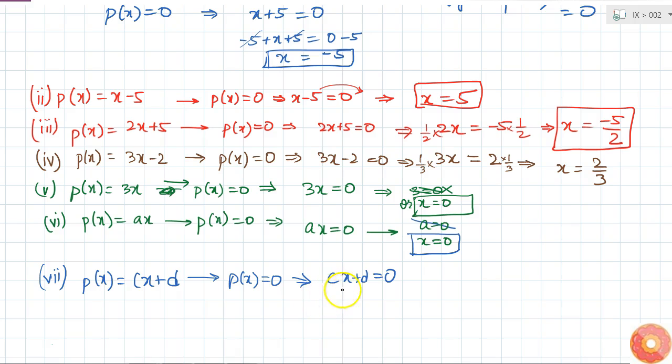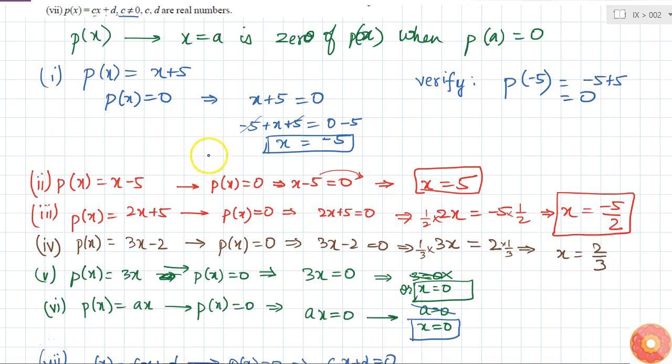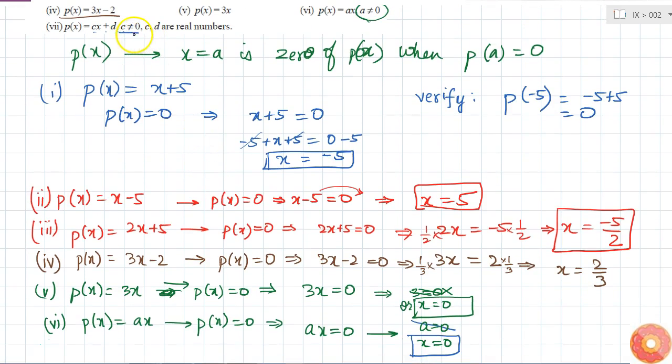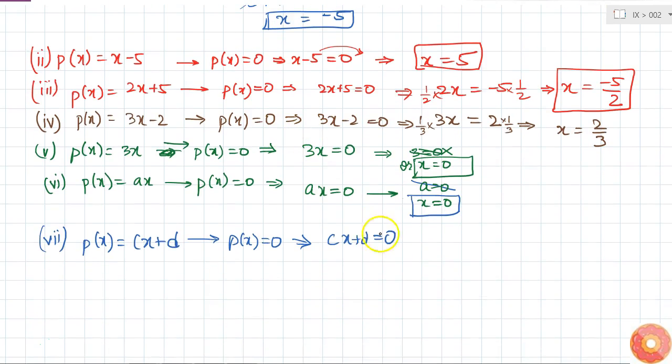Since d is a real number, I can subtract d from both sides. So cx plus d minus d is equal to 0 minus d. So d and minus d will get cancelled, and I'll be left with cx is equal to minus d.